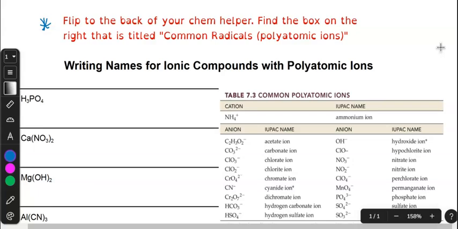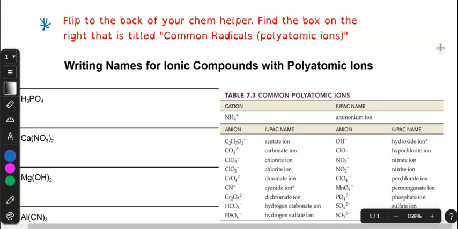So if you need to pause this video in order to go get your chem helper, please go ahead and do so, because otherwise this is going to be really, really hard. You need to flip it over to the back so that the periodic table is facing the table side. And if you look all the way to the right hand side, you're going to see a box that says common radicals, and then under that in parentheses polyatomic ions, and it's a long list.